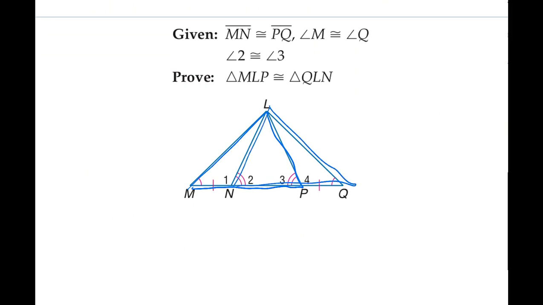Okay, so to get those two triangles the same, we need at least one side is the same. We don't have a side, so we need to get that these are the same. We don't have a way to do that. Do we? Oh, actually, okay, so there's lots of ways to do this problem. I'm seeing we could do these supplements, and then we could get that angle 4 and 1 are the same, and then these triangles are the same, and then that would be enough to show that CPCTC, these sides match, so we would have a side of MLP.